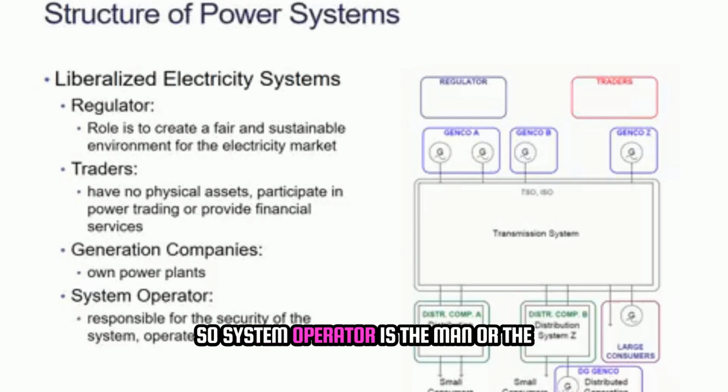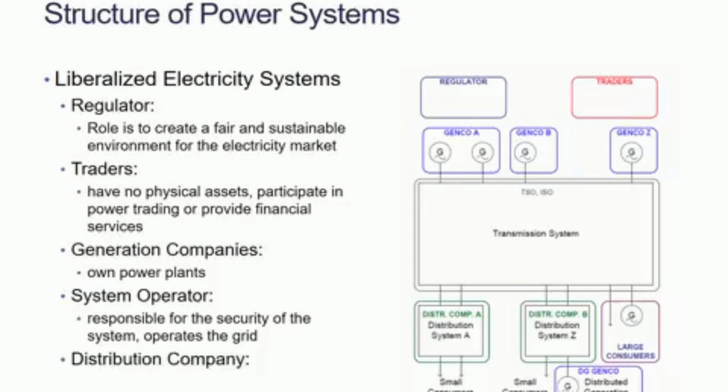So the system operator is the entity who is running the show. It is simple logic, like a magician who shows the magic, and he is the one-man army for the show. He ensures that everything is working properly. The same way, the system operator runs the show for the power system in every country.